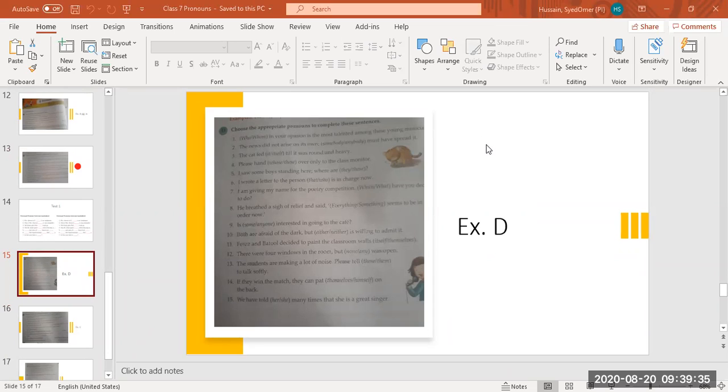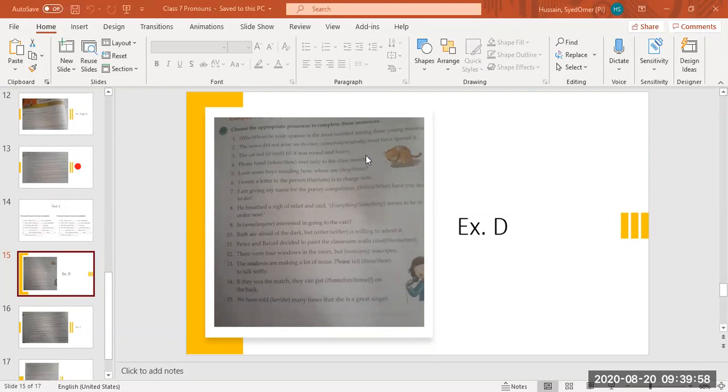Khatija, please unmute your mic. Time is short. Hurry up. Teacher, what you said I didn't understand. Exercise D. Can you see it on the slide? Exercise D, page number 10. Do the first four sentences. Okay?